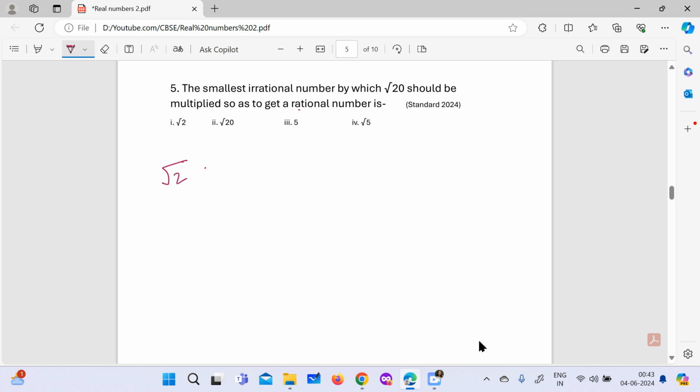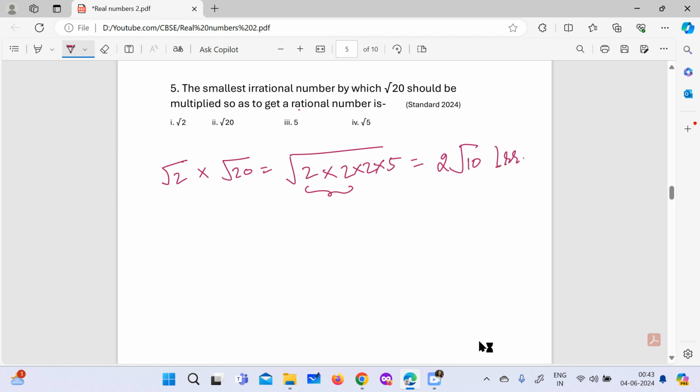So root 2 into root 20, that is nothing but 2 times, 20 can be written as 2 times 2 times 5. Hence you get here 2 root 10. So this is an irrational number, right? So this doesn't stand true for our answer.